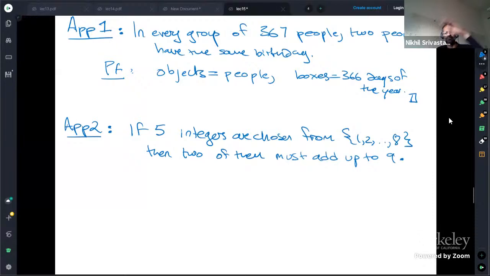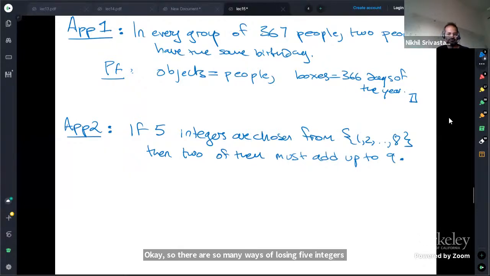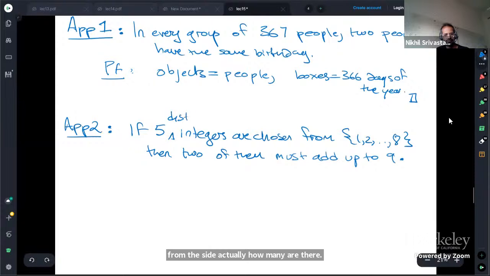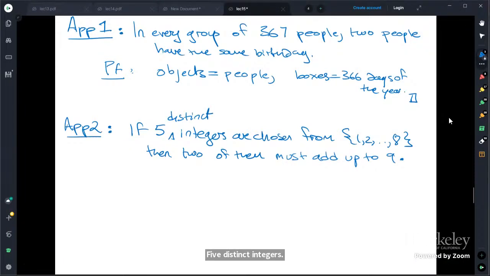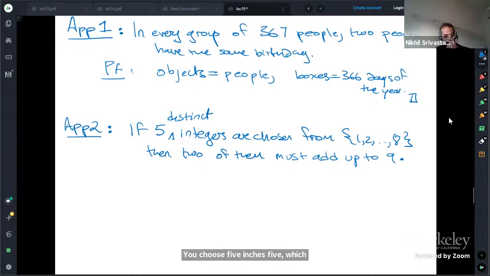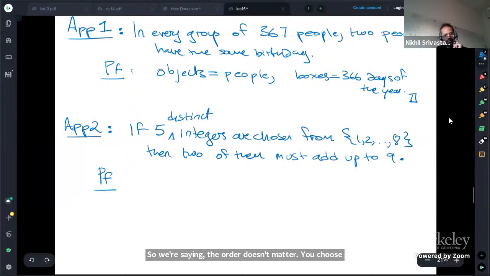So there are so many ways of choosing 5 integers from the set. Actually, how many are there? 5 distinct integers. 8 choose 5, which is quite a lot. So we're saying the order doesn't matter. You choose 5 integers from the set, then 2 of them have to add up to 9.